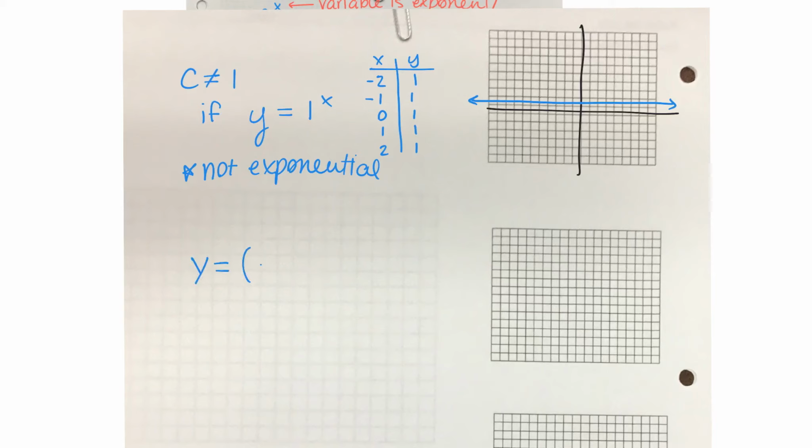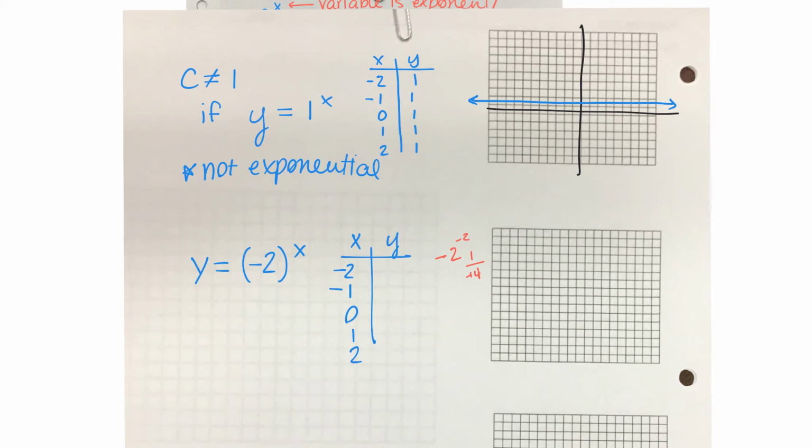So if we had y equals -2 to the x, what would happen? We would have x and y, and let's go same thing, -2, -1, 0, 1, 2. So -2 to the -2 is 1 over -2 squared, which is 4.